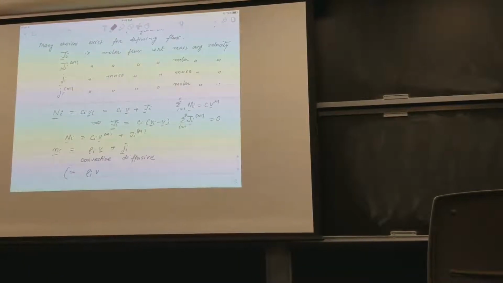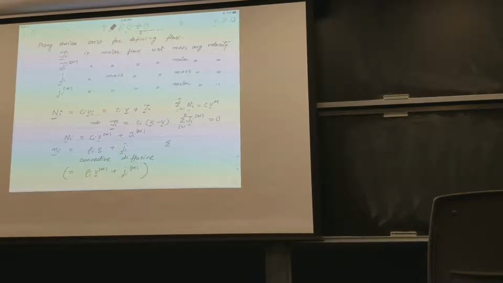It could have been in the reference frame of molar quantities, molar velocities, and here again N_i is rho v, whereas the sum over all the diffusive ones.